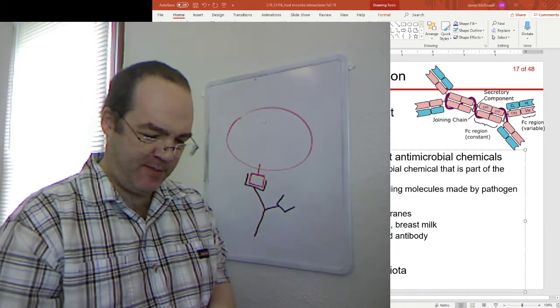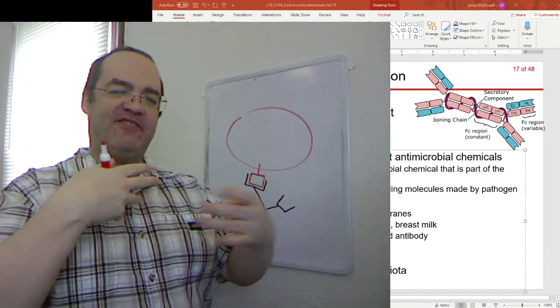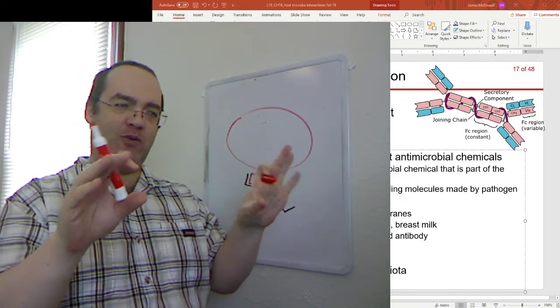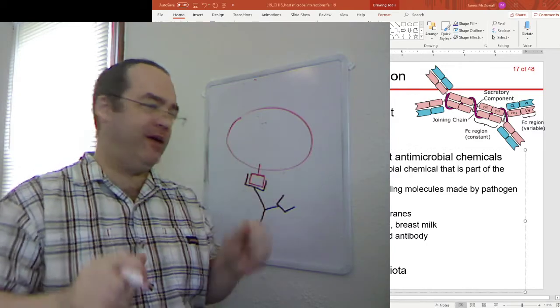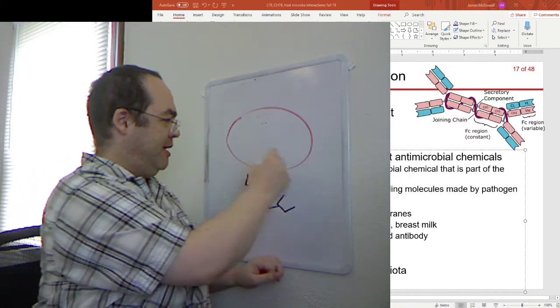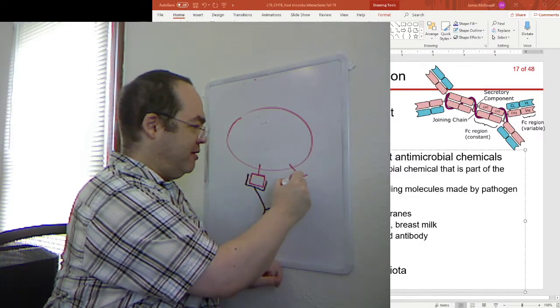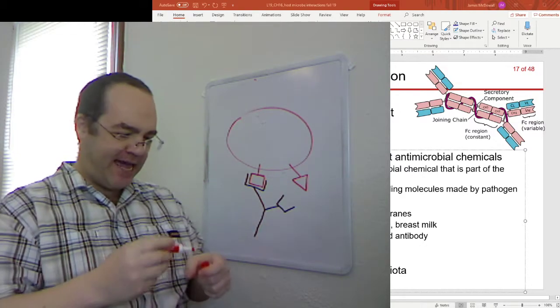So the bacteria has variations of this protein inside its genome, and it can switch on and switch off various variations. So the next time the bacteria makes this structure and this protein, it has a different shape.